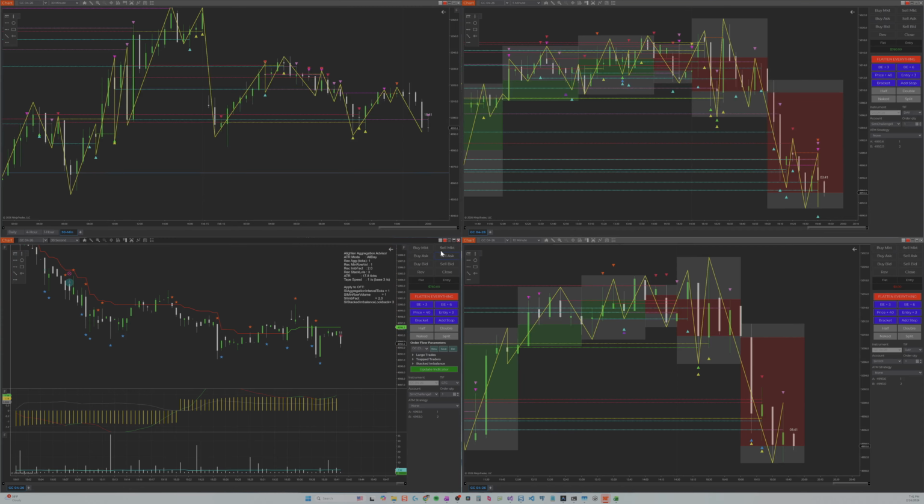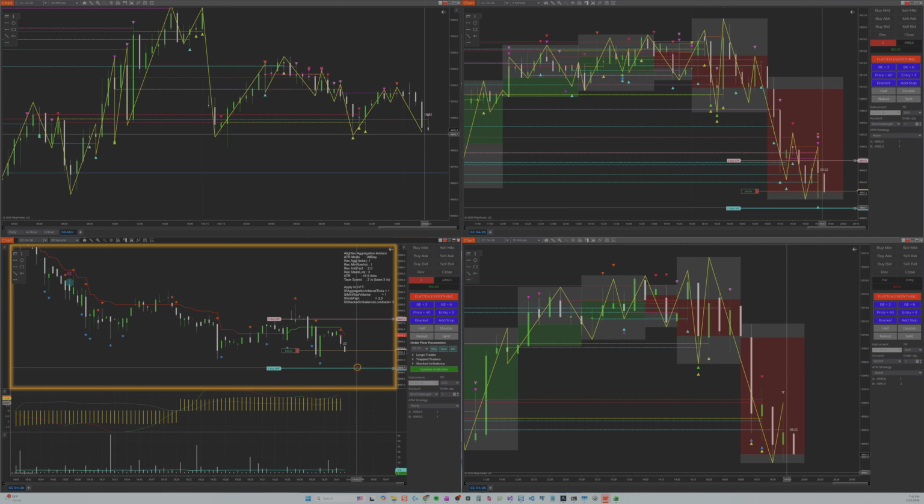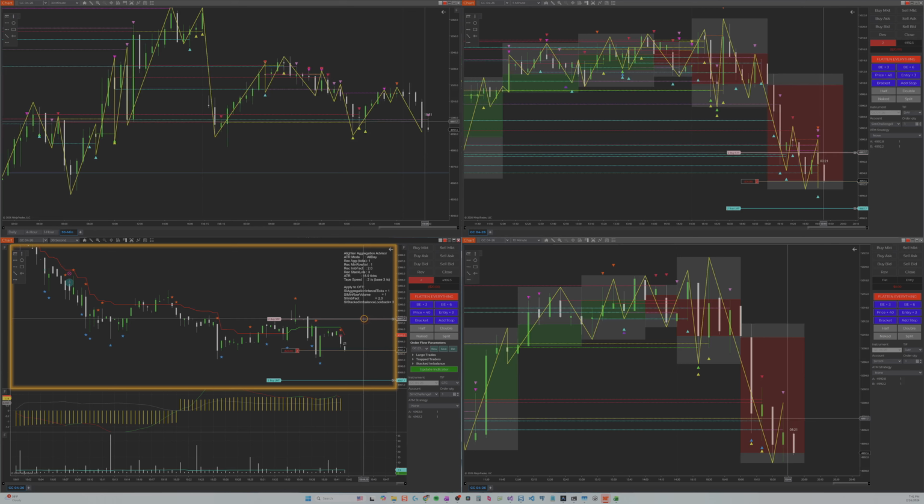Oh, looks like they're taking that. And we are going to put this back behind the signal. Ooh, signal's way up there. We'll just put this back above this trend magic line.